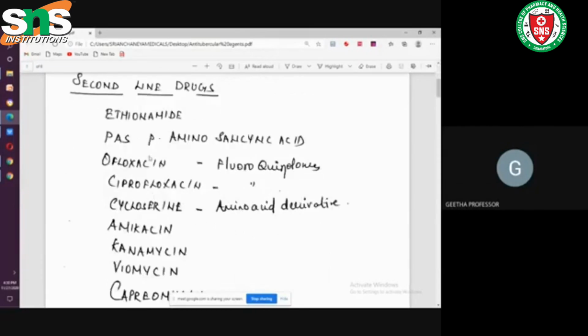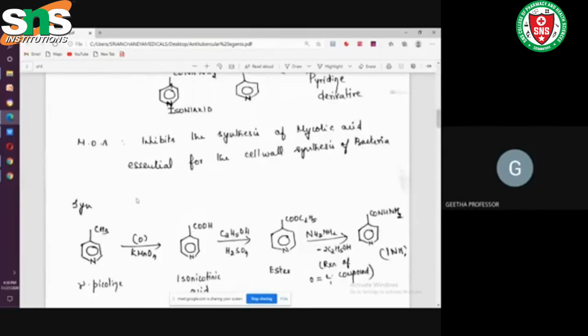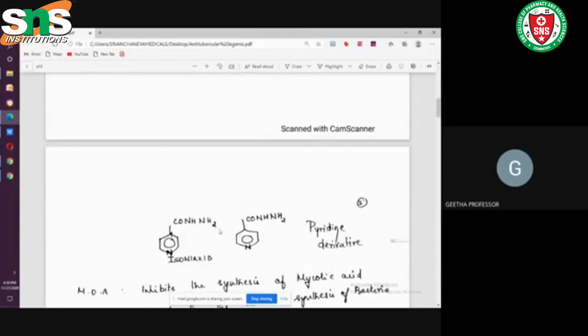Let us concentrate on 6 drugs today. This is an example, INH. Bacteria have a cell wall, and the main component for the cell wall material is mycolic acid. So one of the components in cell wall synthesis is mycolic acid.